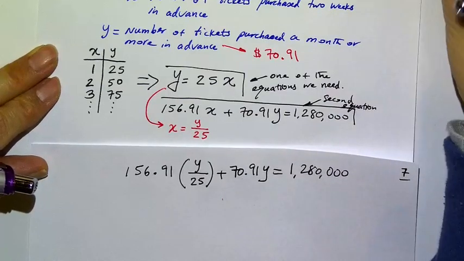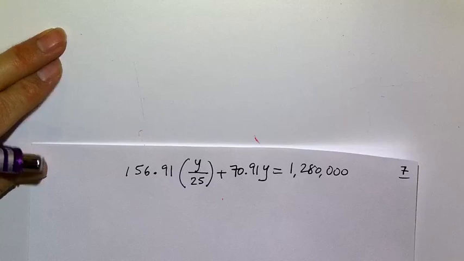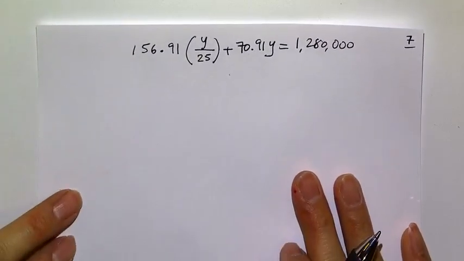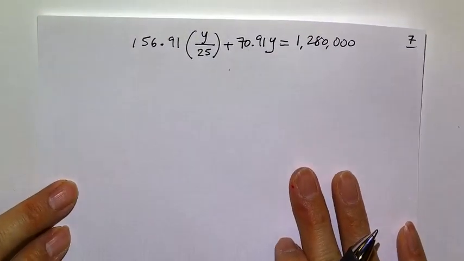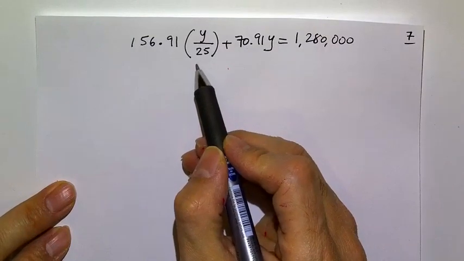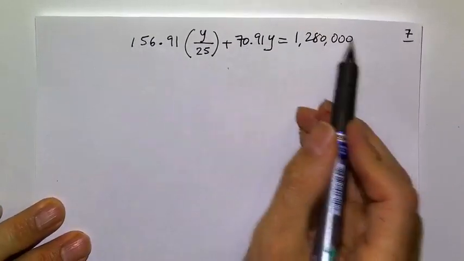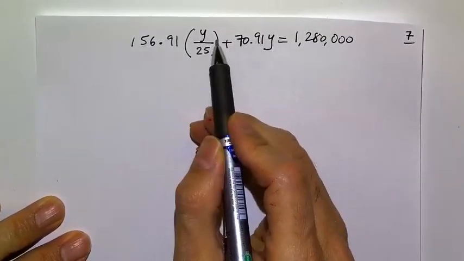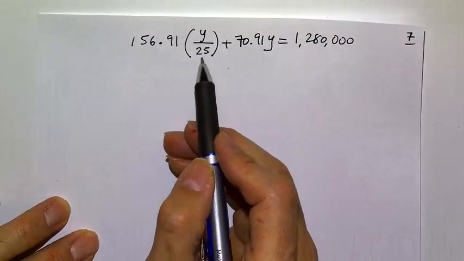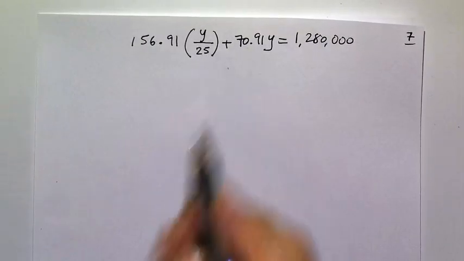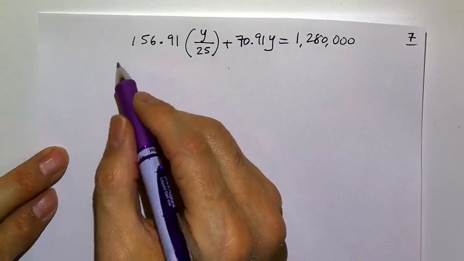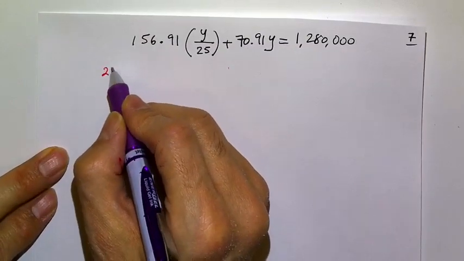Okay, great. So we don't need that page anymore. We can work with this. So that little equation helped us replace X, right? Now we have this instead. One equation, one unknown, just the Y. All right, so let's get rid of this 25 by multiplying both sides of the equation by 25.